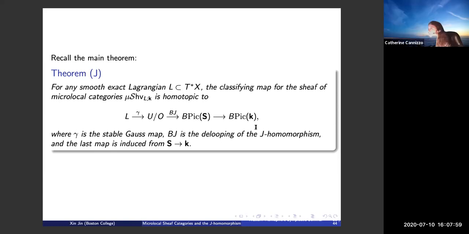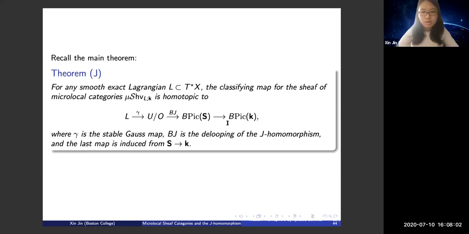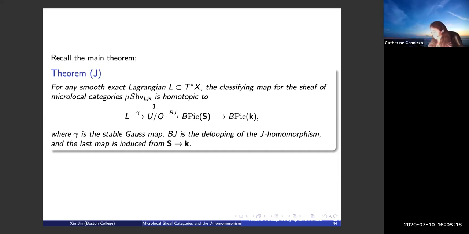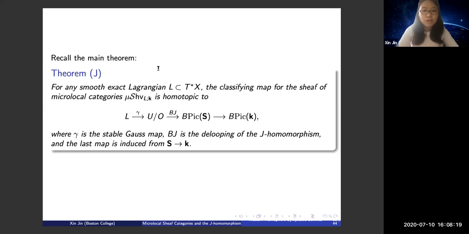I see. Another nice way to see this is that the trivialization of this composition is equivalent to lifting your L to the universal principal bundle, this universal Omega U mod O bundle, up to the two skeleton of L. So it's the obstruction to such a lifting: if you triangulate your L, you try to trivialize this up to your two skeleton.